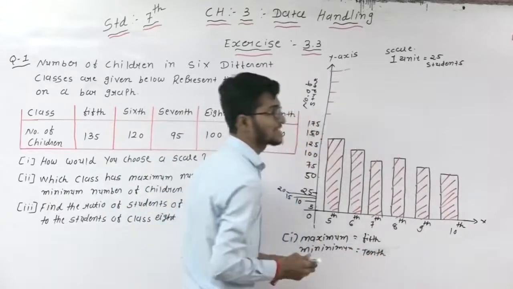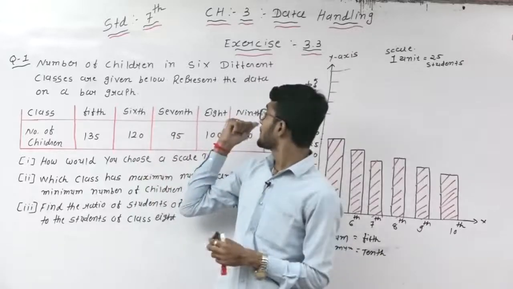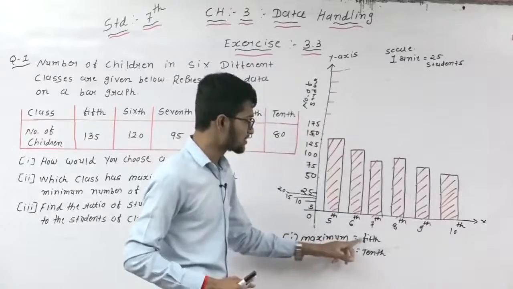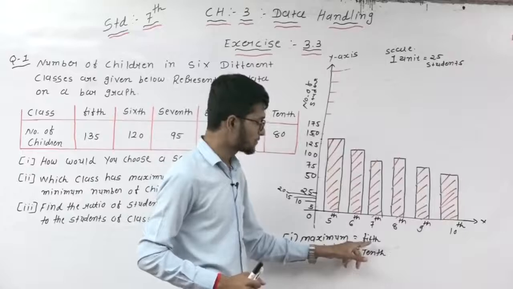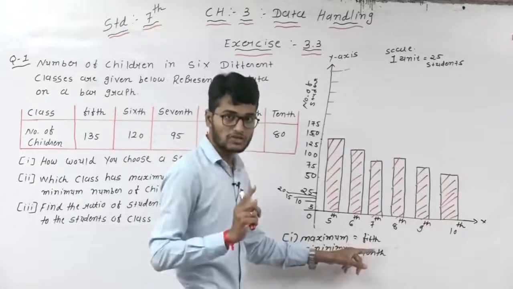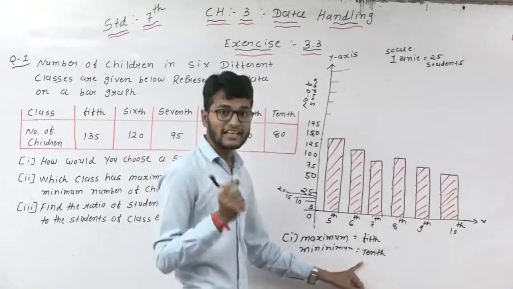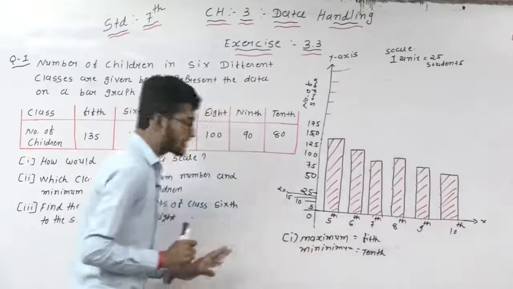Because in 5th class, how many students? 135 students. And in the minimum 10th class, how many students? 80 students. So our maximum students are in the 5th class, and our minimum students are in the 10th class. In the 5th class, 135 students, and this one is the maximum. And the minimum is 10th class, 80 students. Okay? So now this one is your first question's answer.